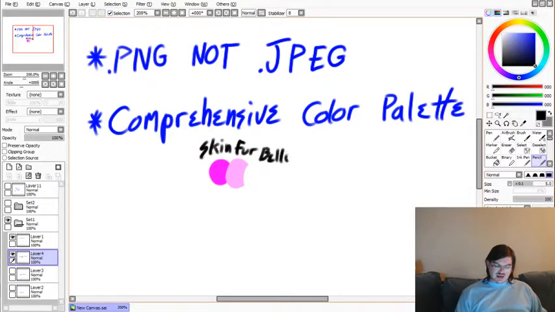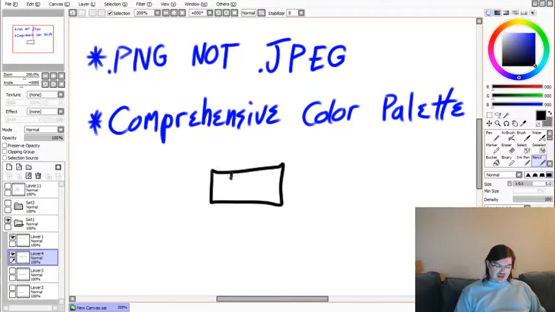You want to make sure that they're labeled, because sometimes on your reference it's not always incredibly clear. But if you ensure that the palette is labeled, possibly even boxed in to make it even easier, then it's a lot easier for an artist like myself to get a good idea of what your colors are.